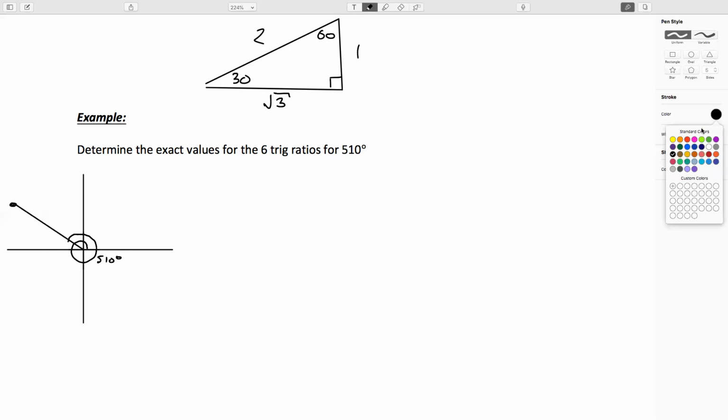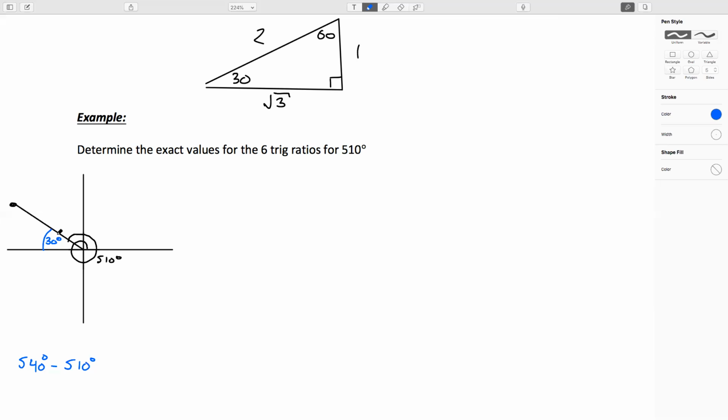And if you want to do the math on it, you could just say 540 degrees, which is what would get us back to the x-axis, minus 510 degrees, gets us a reference angle of 30. So now we can deal with this nice triangle rather than dealing with our other 510 degree angle.